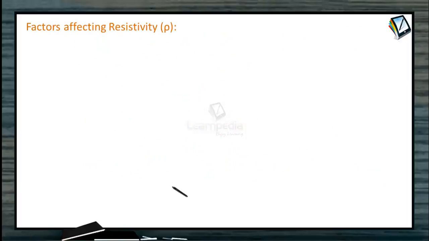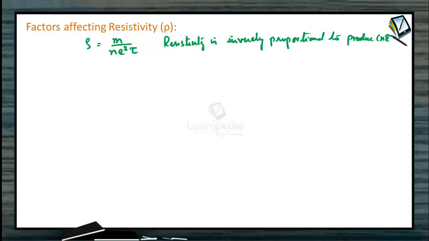Factors affecting resistivity. Since rho is equal to m by n e square tau, fundamentally resistivity is inversely proportional to n tau, where n is free electron density and tau is average relaxation time.